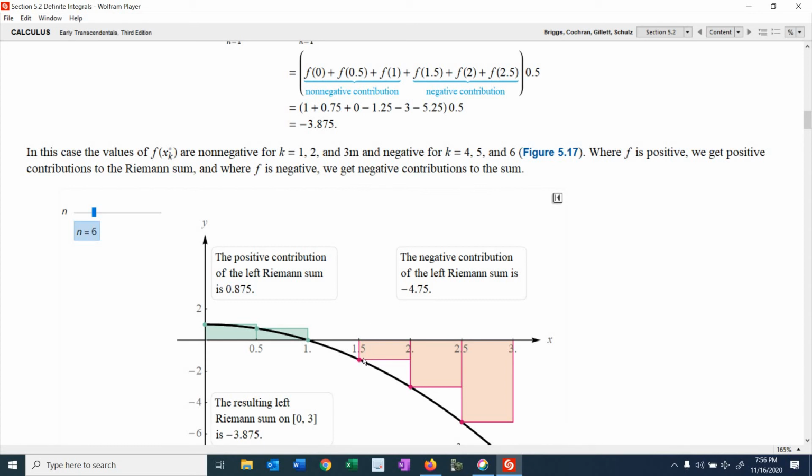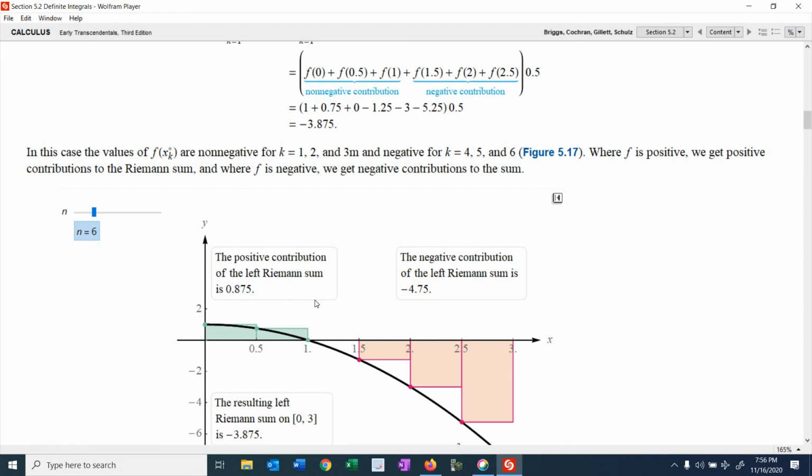But the Riemann sum doesn't recognize this as a positive value. The Riemann sum simply takes the y value right here and multiplies it by the width, and the y value is negative in each of these three cases. That's why we're getting a negative number over here.